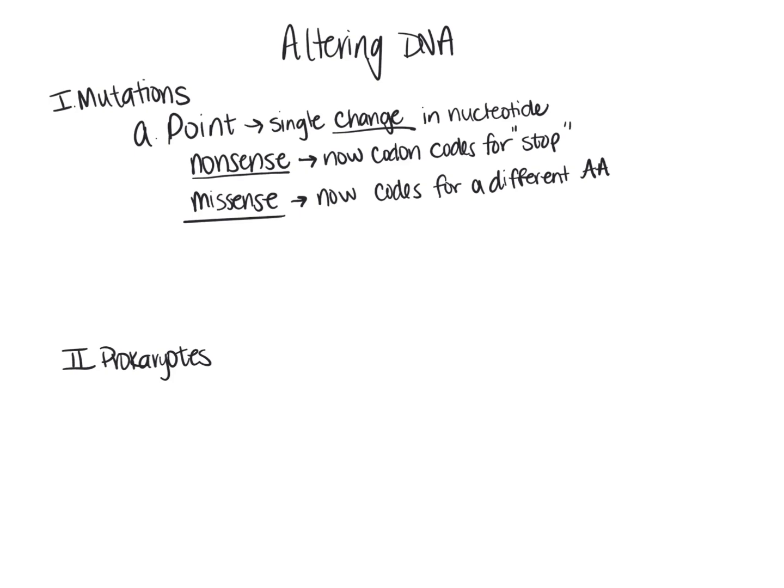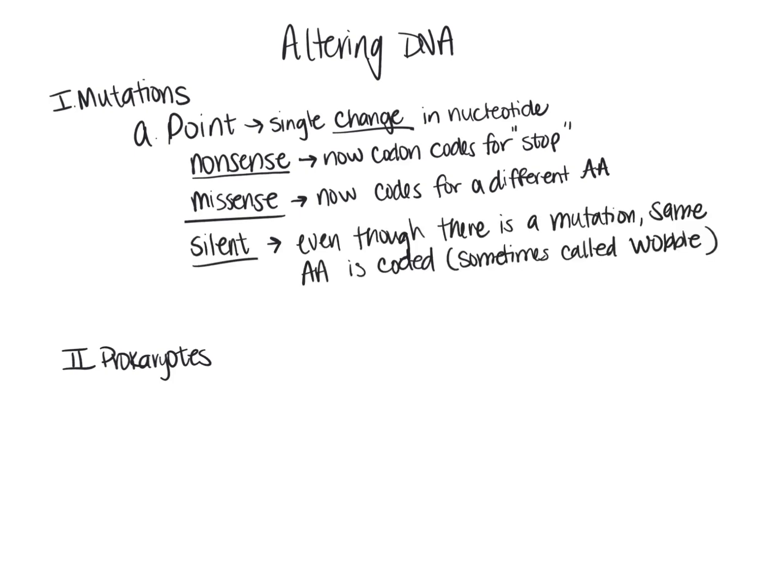The last type of mutation is called a silent mutation. In a silent mutation, even though there's been a change to the nucleotide themselves, like the A, T, C, G, the same amino acid is going to be encoded, so you wouldn't notice any difference in the amino acid chain. Now, sometimes this is referred to as wobble.